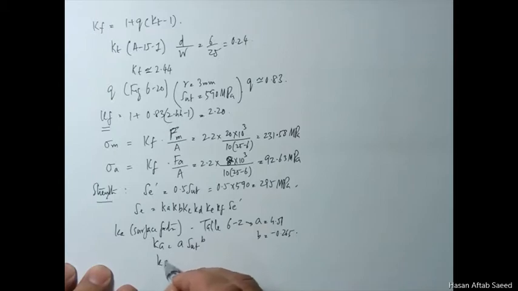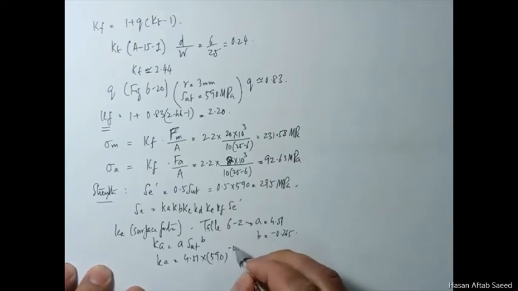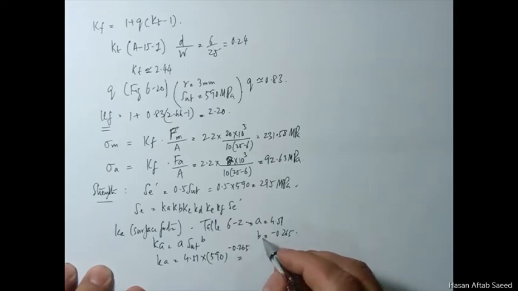So putting these values, Ka is equal to 4.51 into Sut, we have 590, raised to minus 0.265, and Ka then comes out to be 0.832.